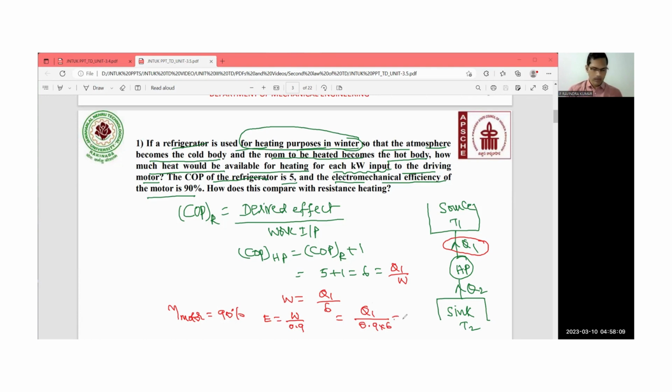So you will get this value as 0.1852 Q1. That is Q1, right?